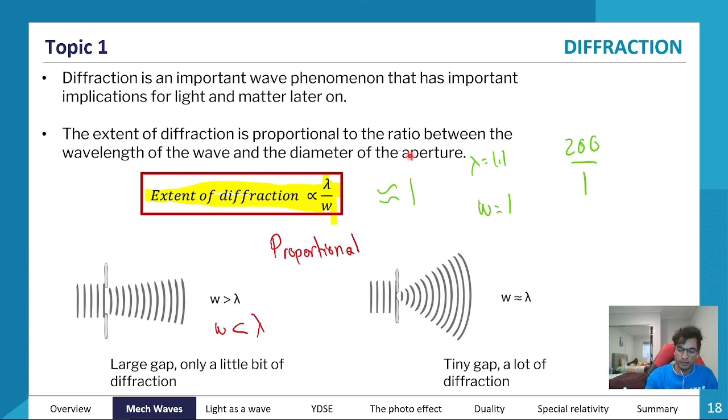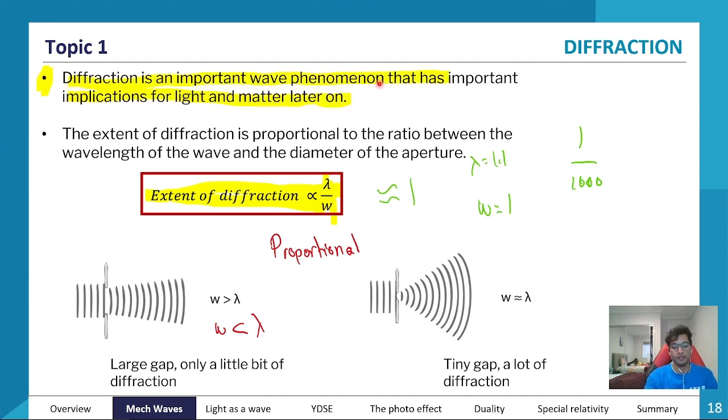Same thing will occur if we increase the size of the width. So if we make the width really big, let's say we make the width 1,000, we're not going to see much diffraction. And there's one thing I want you to keep in mind: diffraction can only occur on waves.